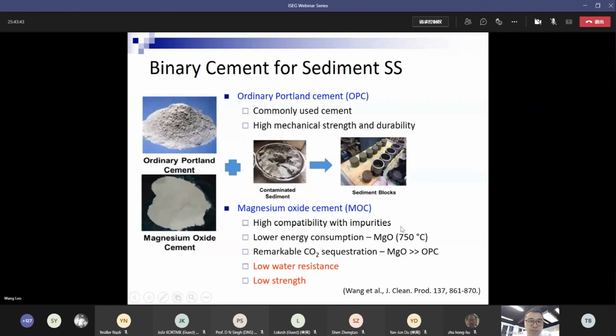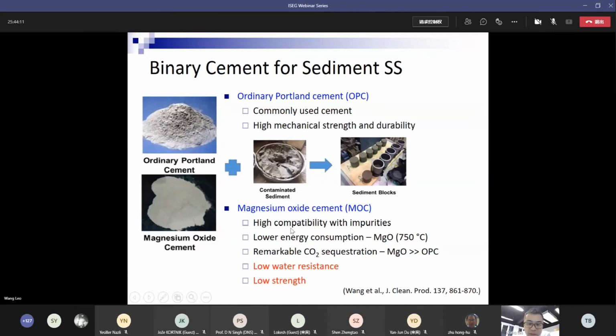To further improve the properties and reduce the carbon footprint, we use some magnesium oxide cement, MgO, to partially replace the OPC. Because OPC is a commonly used material with high mechanical strength, but is also associated with high carbon emission, we want to use the magnesium cement.